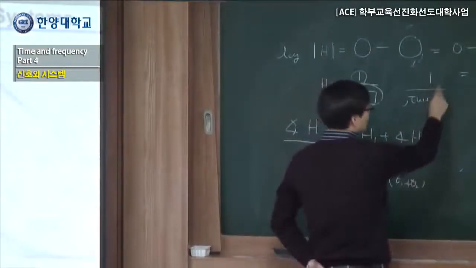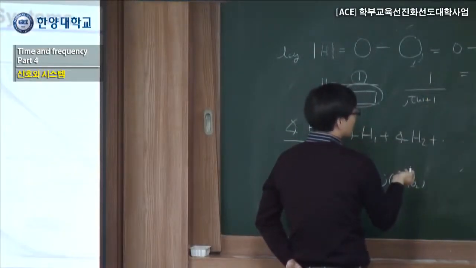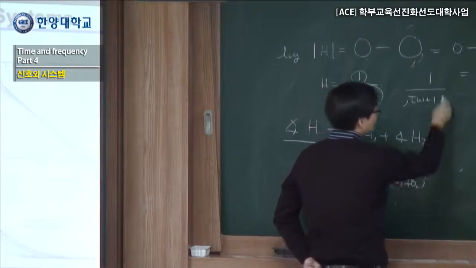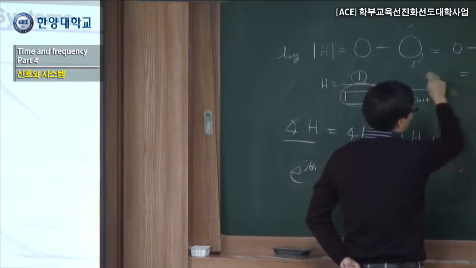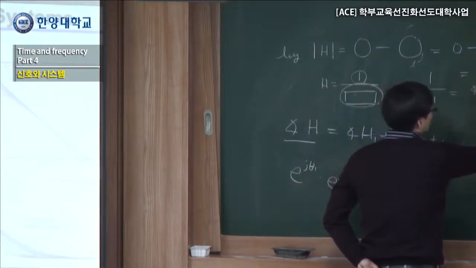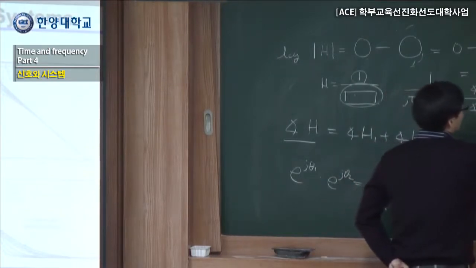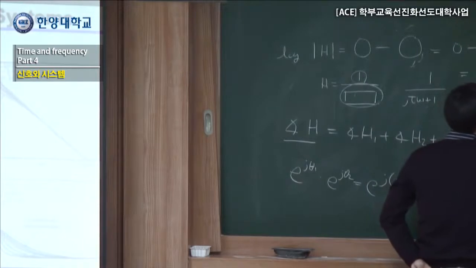If you have something like this, then there will be subtraction because the numerator will have some phase, the denominator some phase. That means the total phase will be theta 1 minus theta 2.